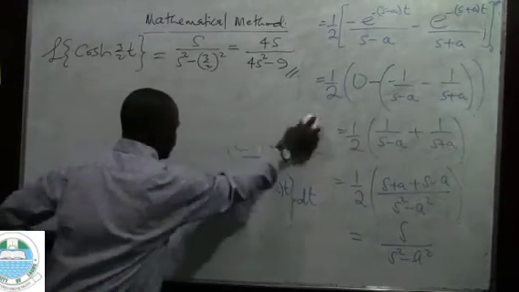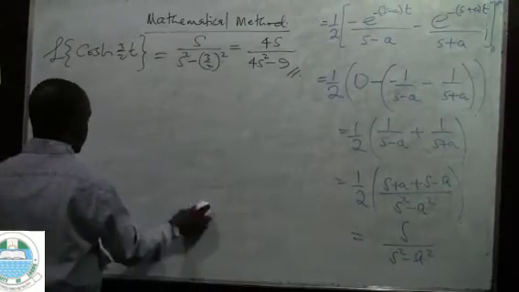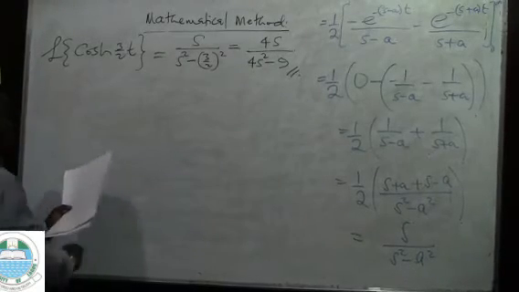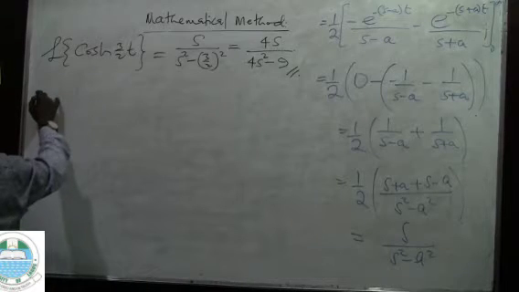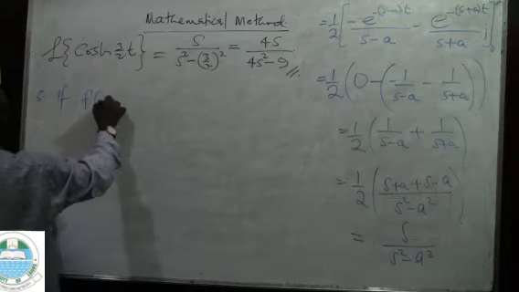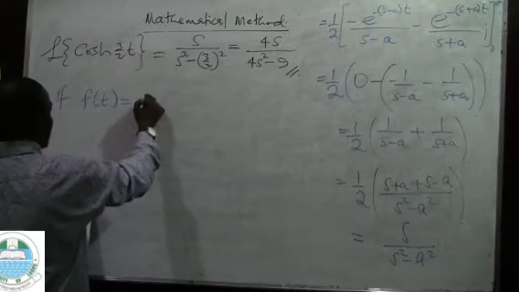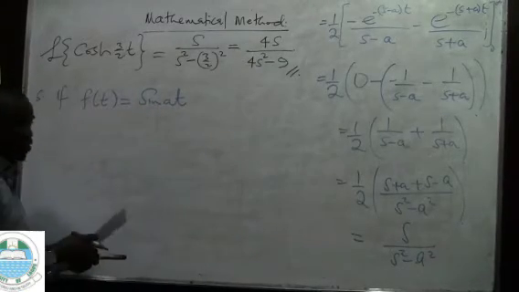Let's take 3 more functions. The next function I want to consider is number 5. If f of t equals sine at, that is a trigonometric function.